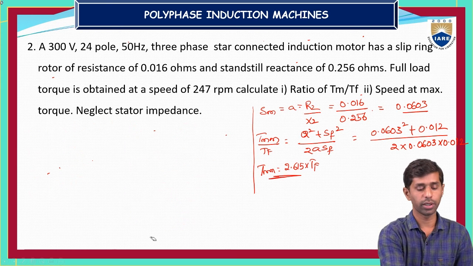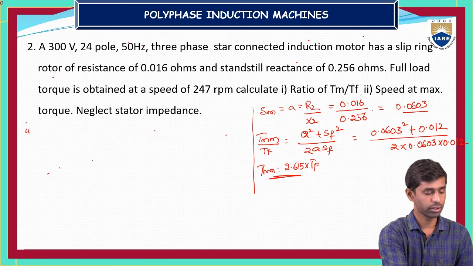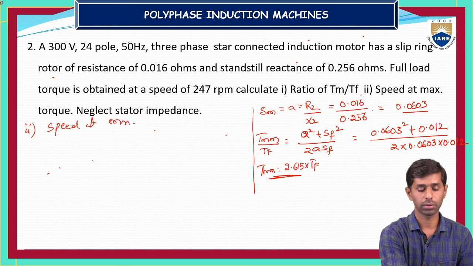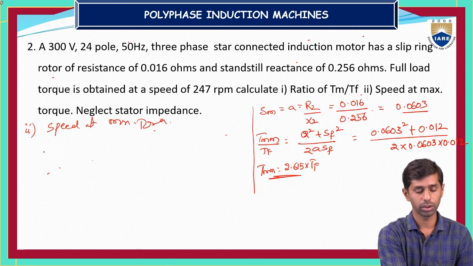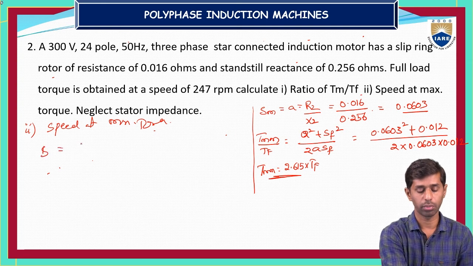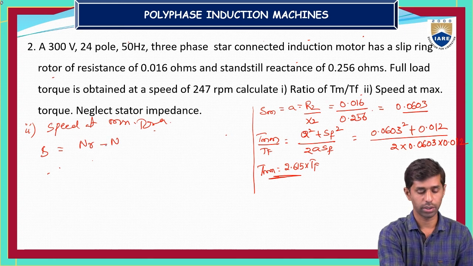Similarly, the second case, speed at maximum torque. So slip equals (Ns minus Nm) by Ns.